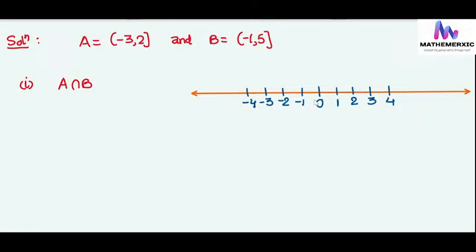So let us mark what A is here. It is minus 3 to 2. This is minus 3 to 2 for A, with an open bracket at minus 3 and a closed bracket at 2.